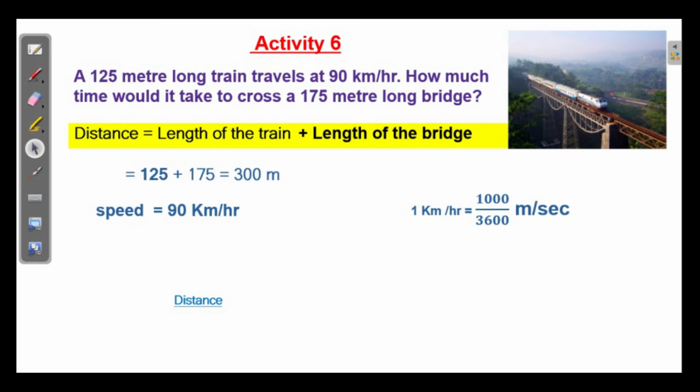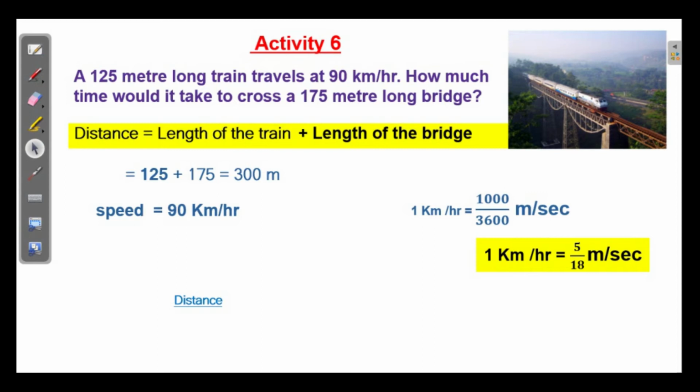So, 1 kilometer per hour is 1000 by 3600 meter per second. As we have done earlier, we can strike off the common factors and write as 5 by 18 meter per second. We have learned in the other problem that 1 meter per second is 18 by 5 kilometer per hour.